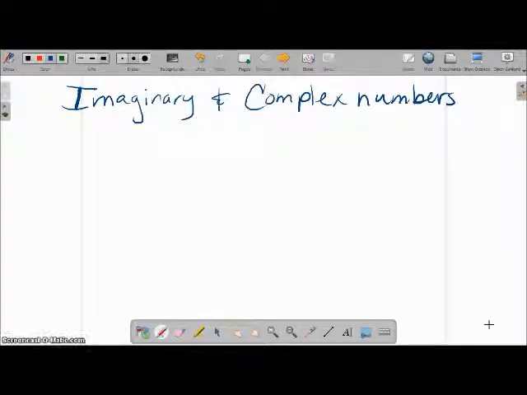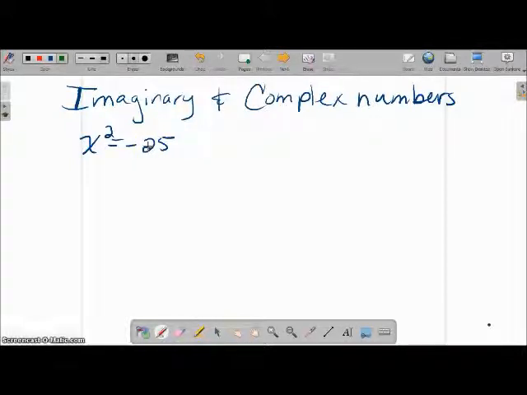Imaginary complex numbers. This is what's kind of going on here. When we're dealing with a set of real numbers, there is no solution to this, okay? But mathematicians are kind of like, hey, we need to deal with this because we actually have a thing here.